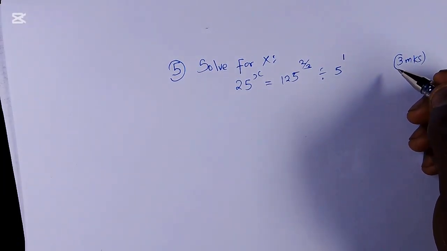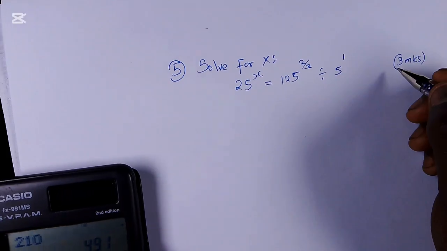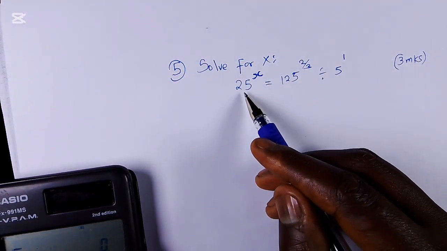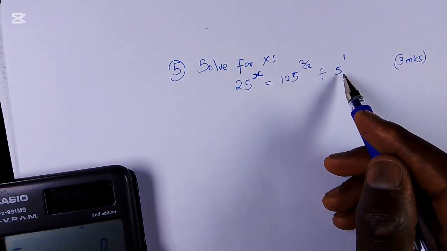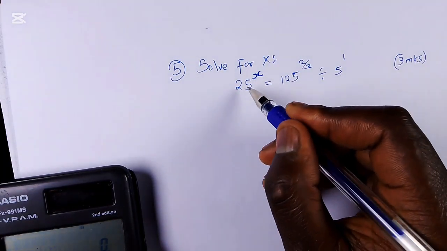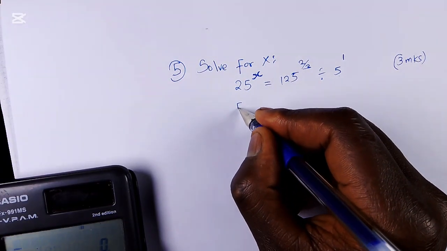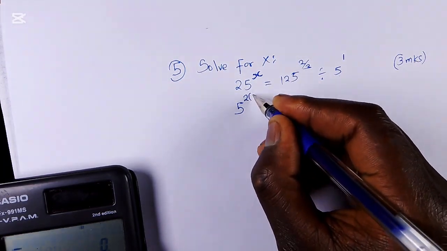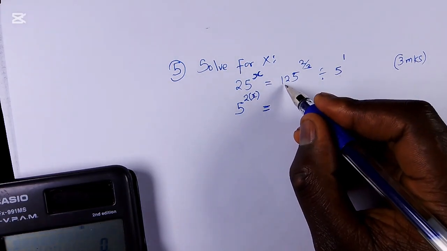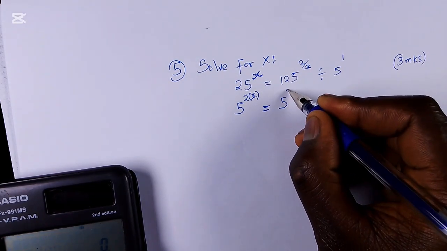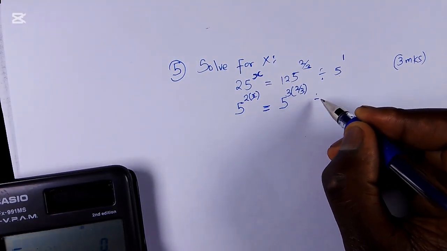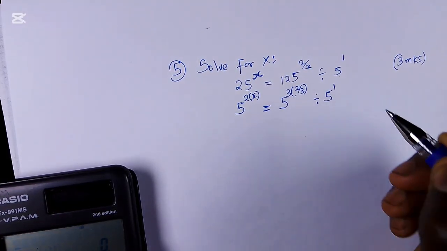So in this question, our bases are 25, 125 and 5. Since our smallest base in this case is 5, we will write everything to base 5. So it will be 5 squared to power x should be equal to 125, which is the same as 5 to power 3, to power 2 over 3, divided by 5 to power 1.